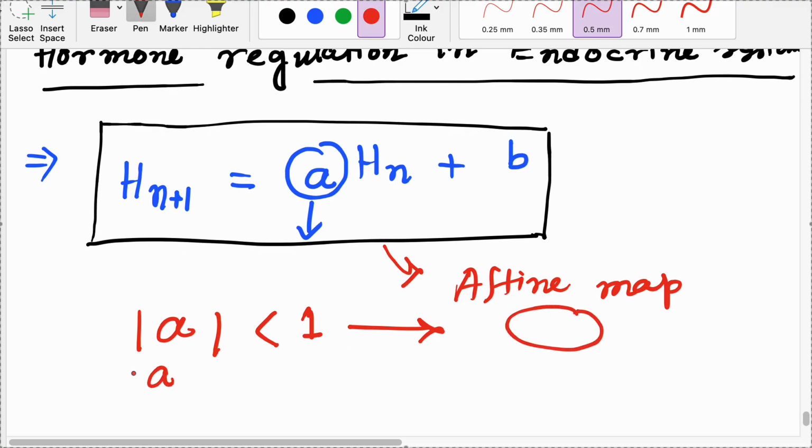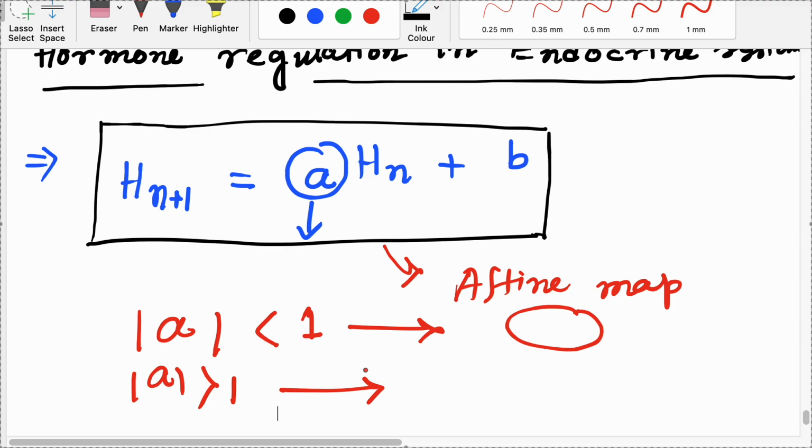And if A is greater than 1, we say that the body cannot regulate that hormone, and that particular hormone will increase or decrease depending upon A or B. So if A is greater than 1, our body is not able to maintain a fixed amount of hormone density.